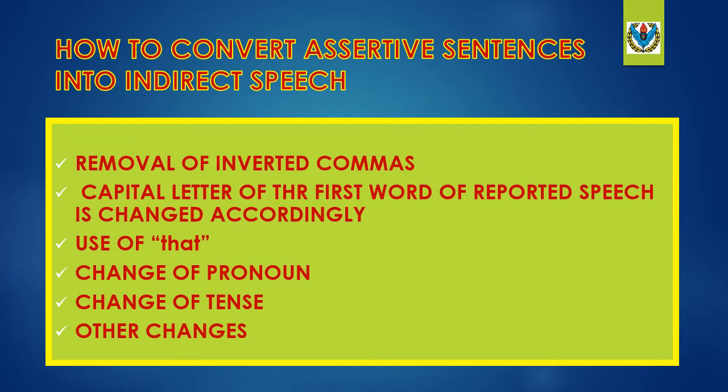We learned the use of that to join the reporting and reported speeches. We also learned how to change the pronoun of the reported speech. We also learned how to change the tense when it is required. And we also learned how to make other changes in the reported speech.